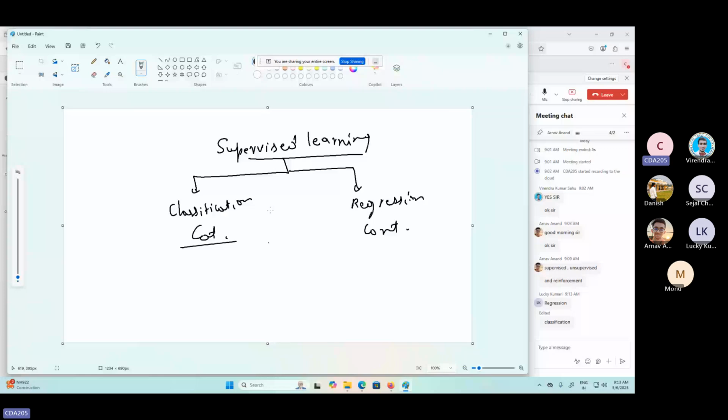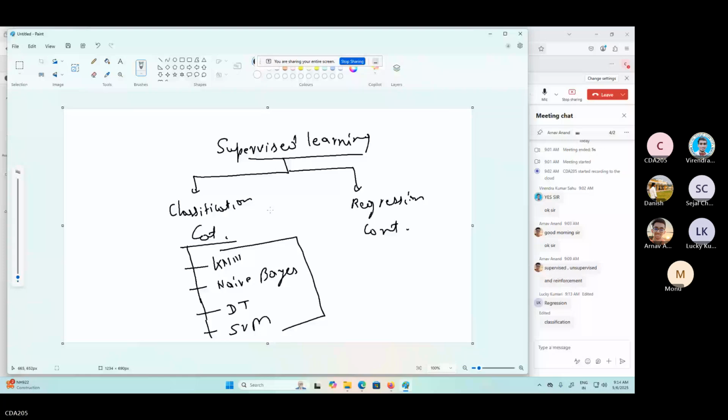In classification, what are the different techniques we have studied? That is KNN, then Naive Bayes, then decision tree, then SVM. These are the four techniques we have studied in classification problems.